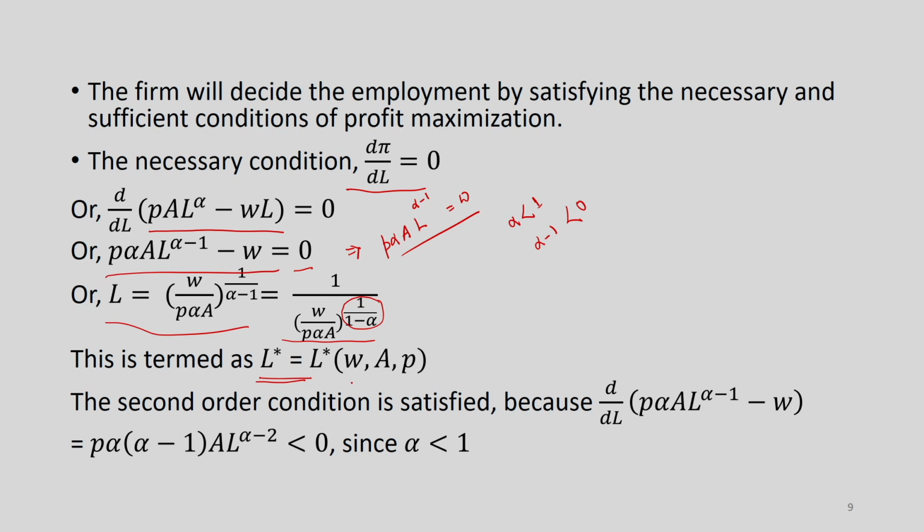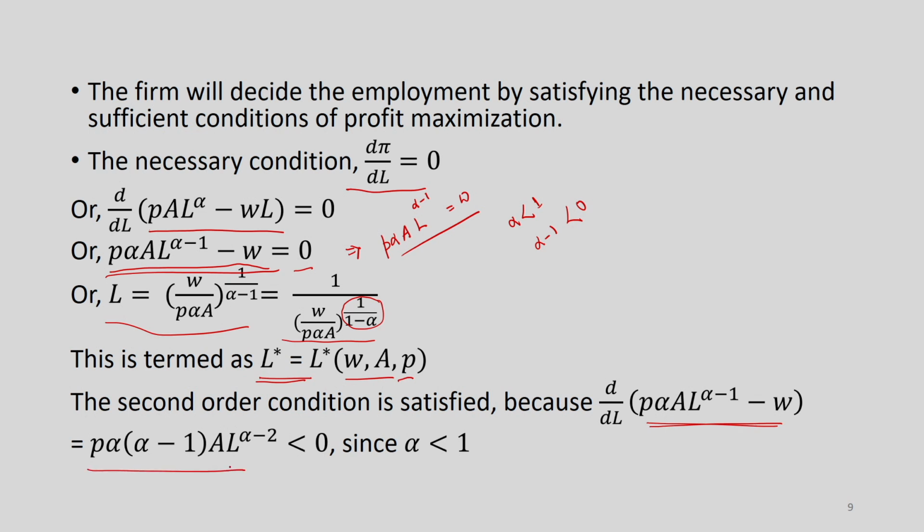As you can see, it is a function of many parameters, principally w, capital A and p. So, these are the parameters of interest. But is the second order condition satisfied? That we need to check, and it is actually satisfied. I take the derivative of the first derivative, so I will get the second derivative.